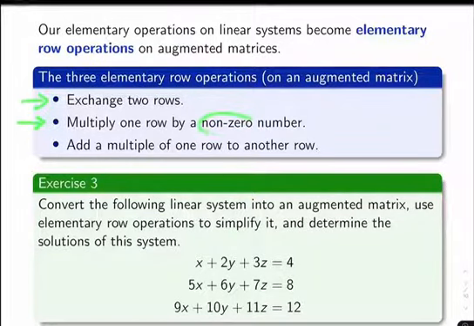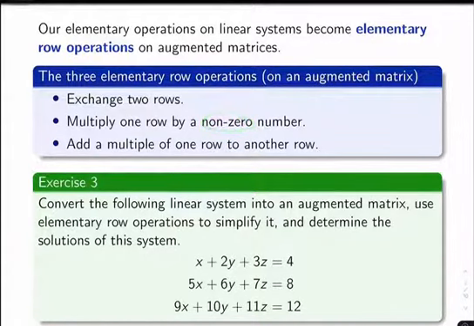Right, so I don't think I mentioned this, but this is an important piece, because if you multiply an equation by zero, in general, you might not get another equation that is equivalent. And instead of adding a multiple of one equation to another equation, we add a multiple of one row to another row.